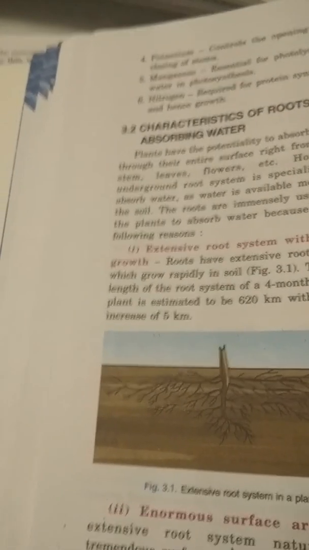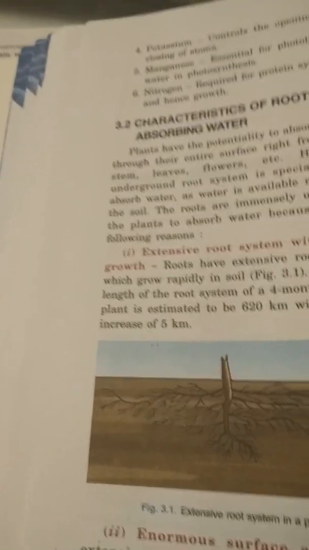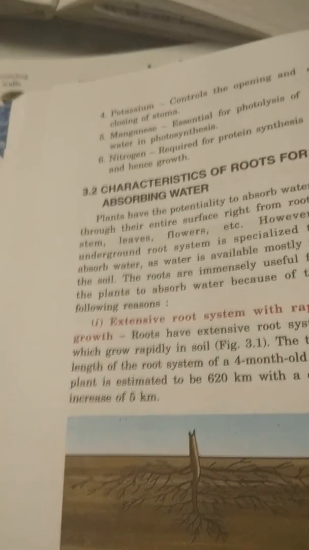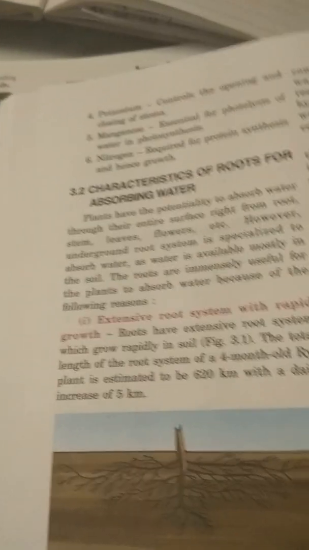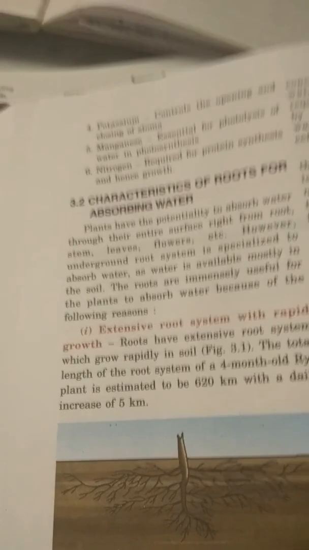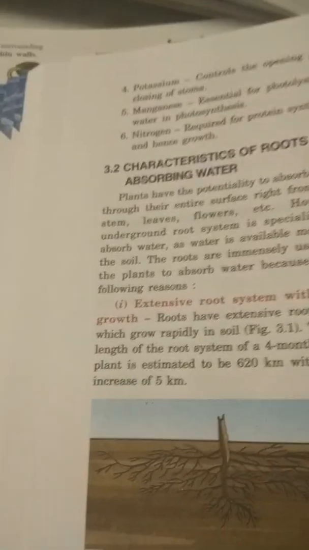Then the root hair cells contain the cell sap. The solution inside the root hair cell has a higher concentration than the surrounding soil water. This will help in the movement of water from the soil water to the cell sap of the root hair cell by diffusion.